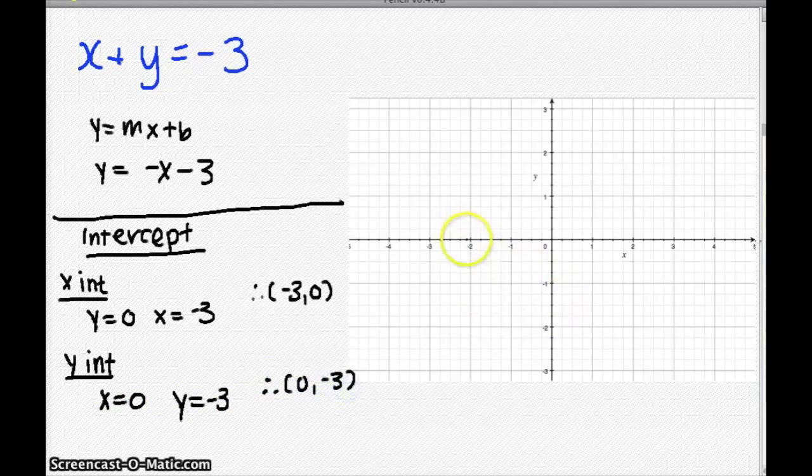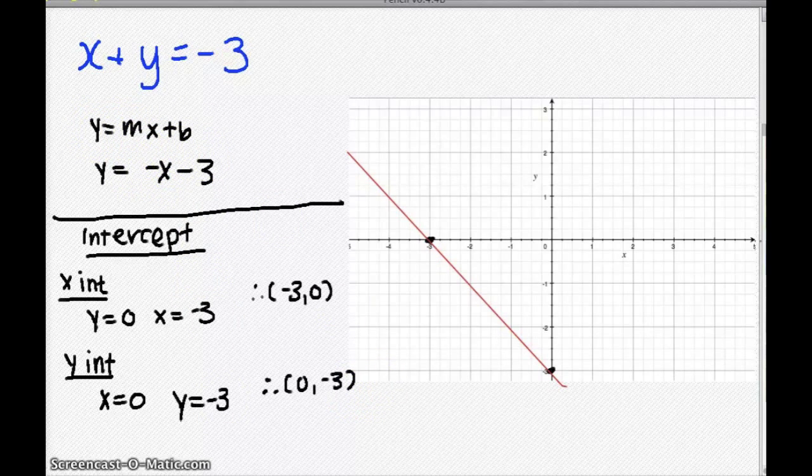Let's graph these 2 points and draw a line. Either method would work, but the intercept method is a lot easier since we don't have to rewrite this equation in the mx plus b form.